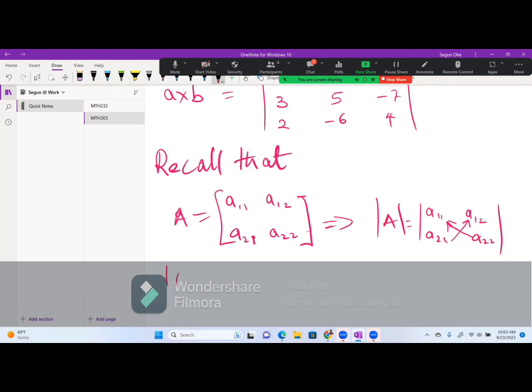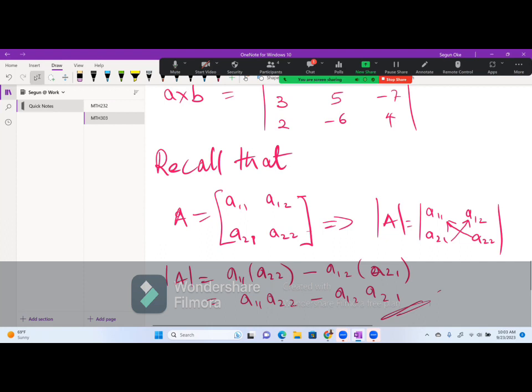So the determinant of A is A11 multiplied by A22 minus A12 multiplied by A21. That's the answer for it.